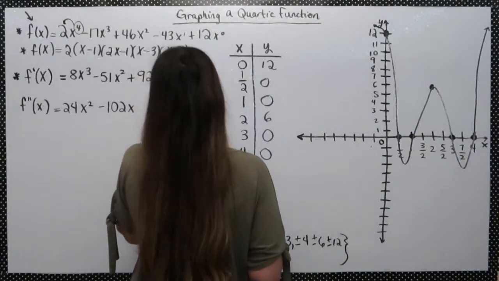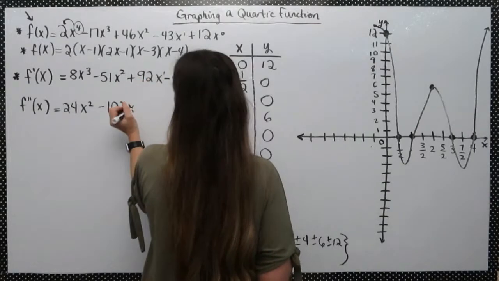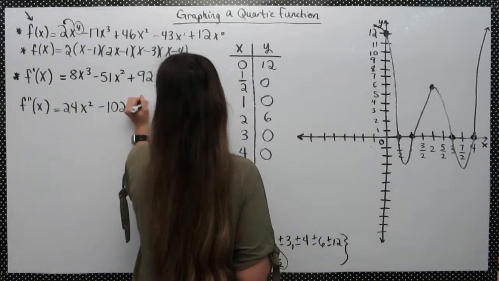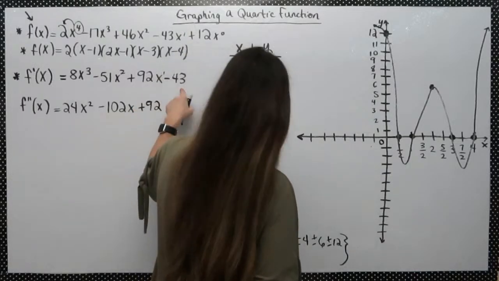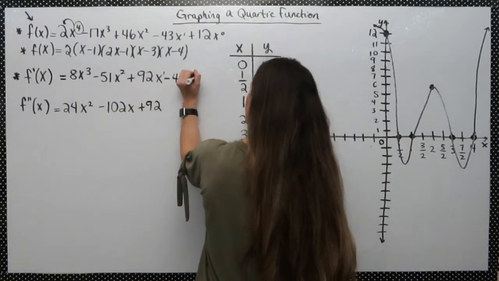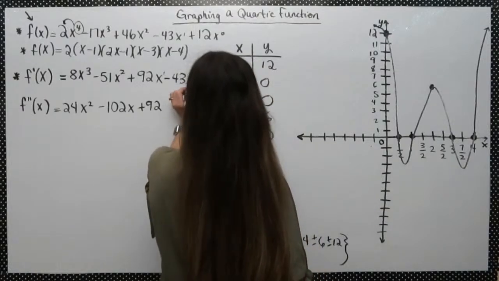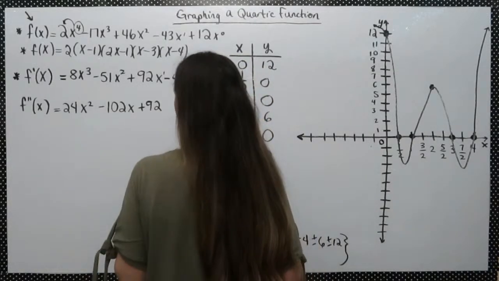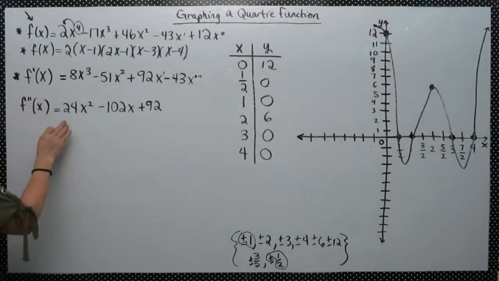And 92 times x to the first, so that's just plus 92. And then this 0 term, it's 0 minus 1. This is going to drop off because it's 43 times 0. Okay, so here is f double prime.